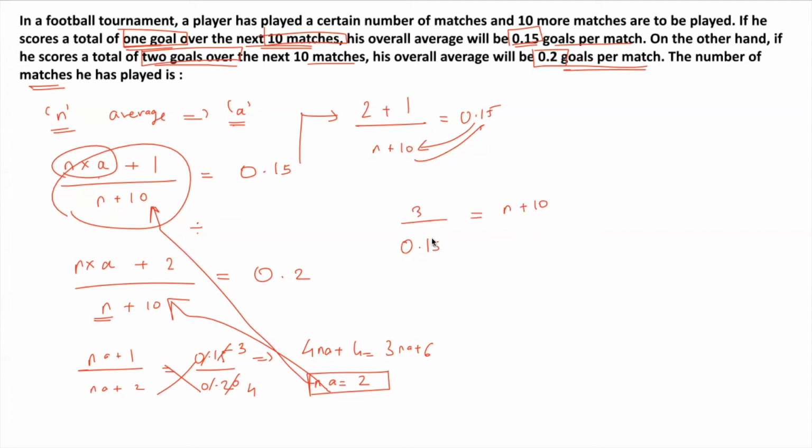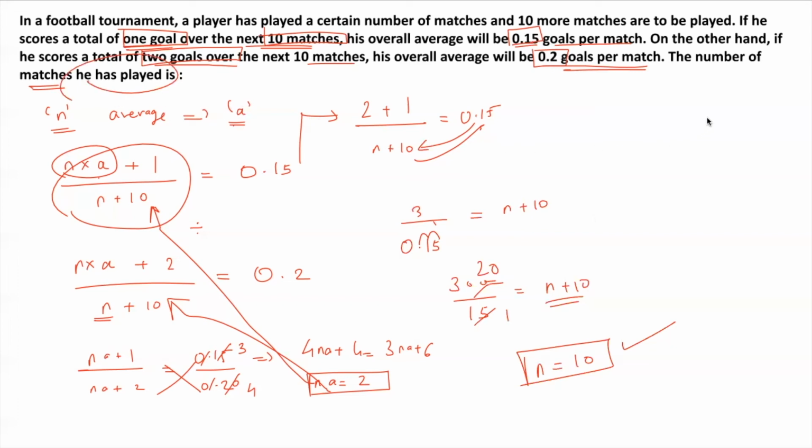So 3 upon 0.15, you can multiply above and below by 100. So you will have 300 divided by 15 is equal to n plus 10. 15 twenties are 300. If n plus 10 is 20, that gives us the answer n is equal to 10. So initially 10 matches have been played. That is the answer to the question.